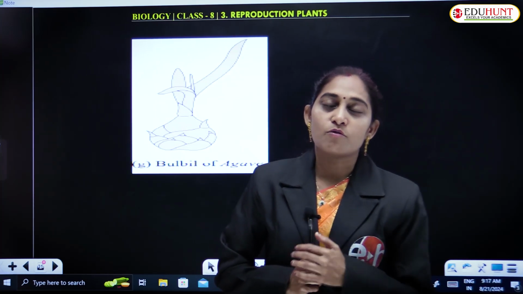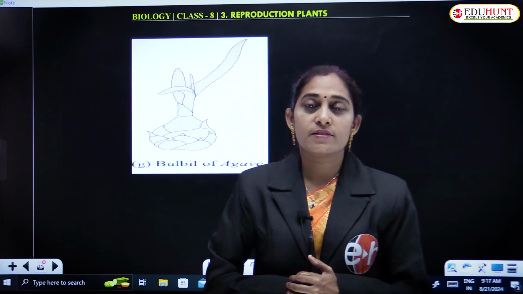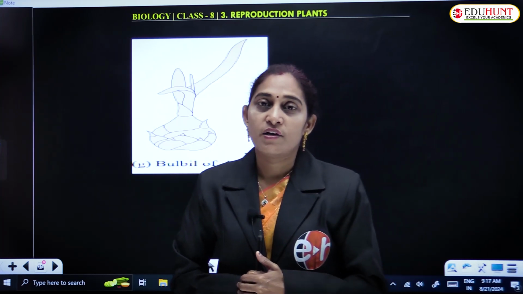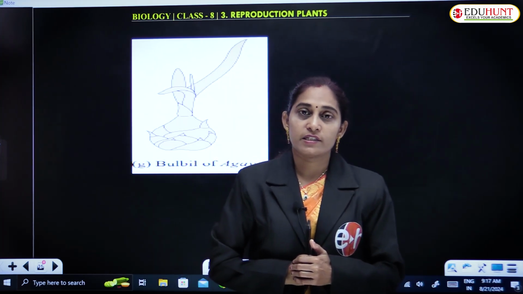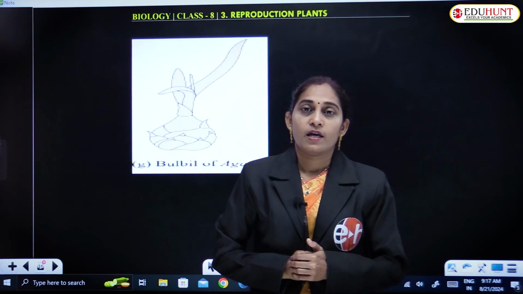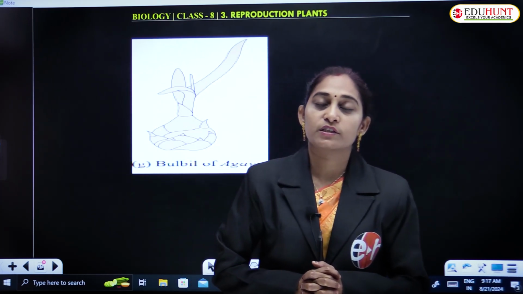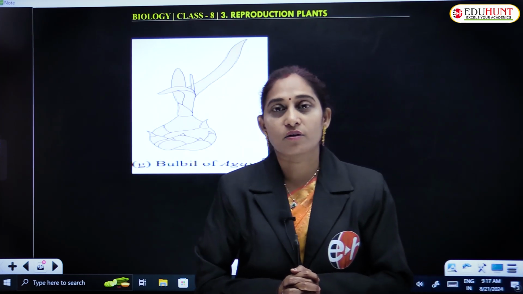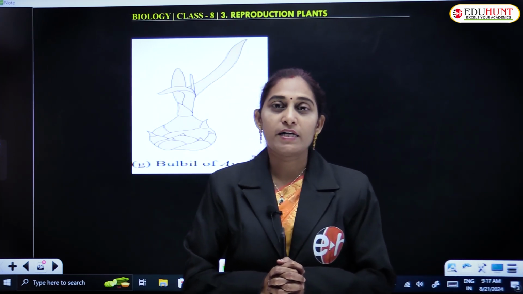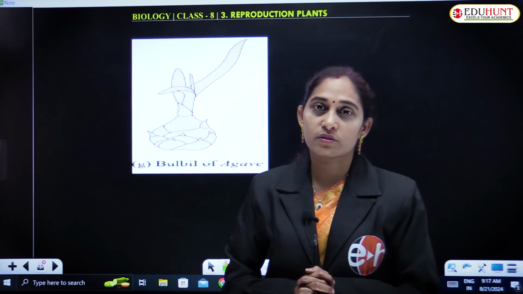There are underground stems, subaerial stems and aerial stems which are involved in vegetative propagation. And even roots are involved by producing various buds called radical buds, buds present on the roots.